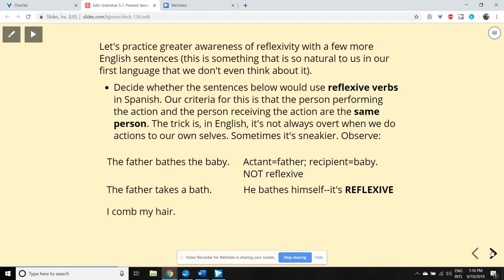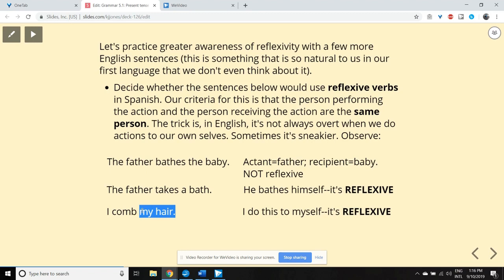Another example that's sneaky. I comb my hair. Well, I'm performing the action, I'm doing the combing, and I'm doing the receiving. It's my hair that's getting combed. Indeed, this action I'm doing to myself. This is a reflexive action, even though there is no pronoun that ends in self in the sentence, right?